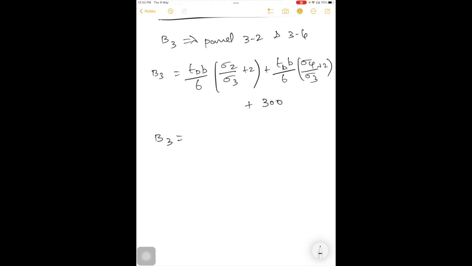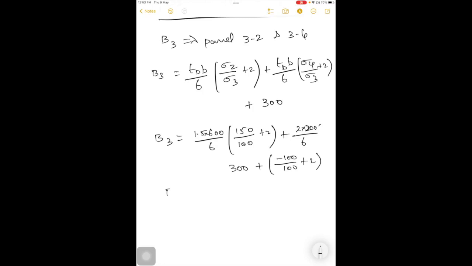It will be 1.5 into 600 divided by 6, sigma 2 is 150, sigma 3 is 100, plus 2, plus for panel 3 4, for the vertical spar, the thickness is 2 and the depth is 200, so 200 divided by 6 into sigma 4 is minus 100, sigma 3 is 100, plus 2, plus 300.